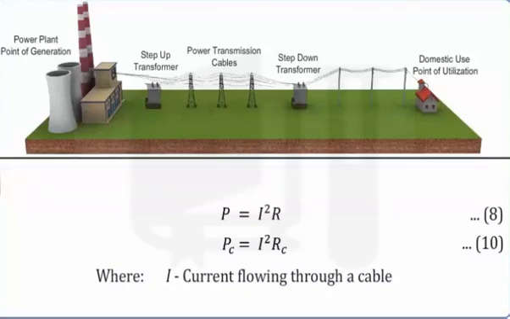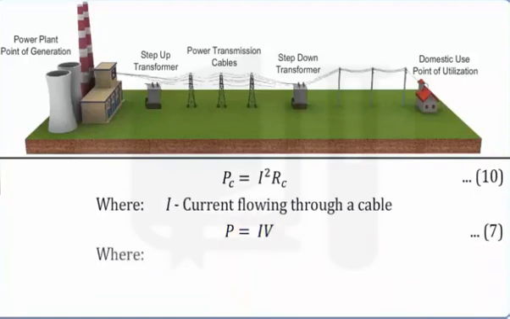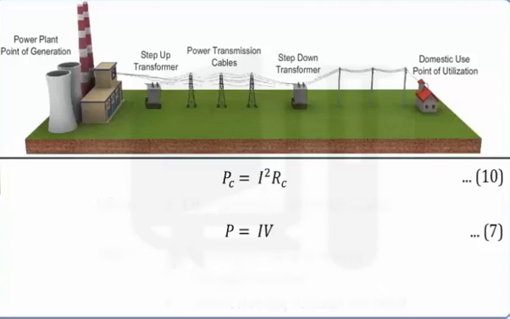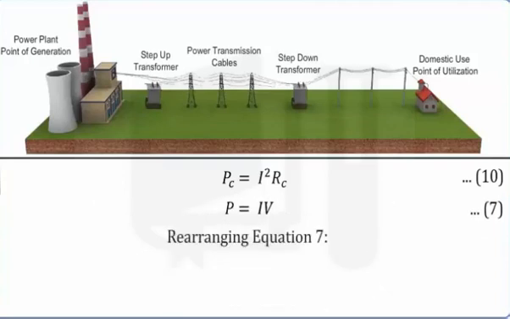According to equation 7, P = IV, where P is the power generated at source, V is the voltage generated, and I is the current flowing through the cable. Rearranging equation 7, we get I = P by V. Let this be equation 11.